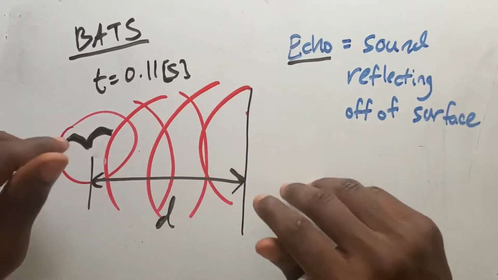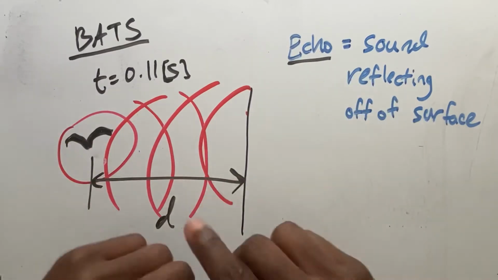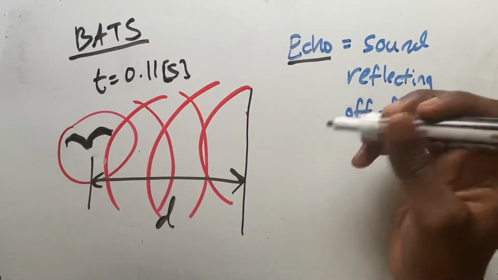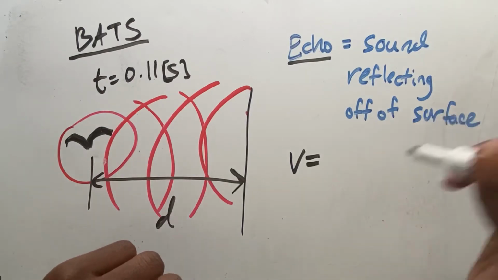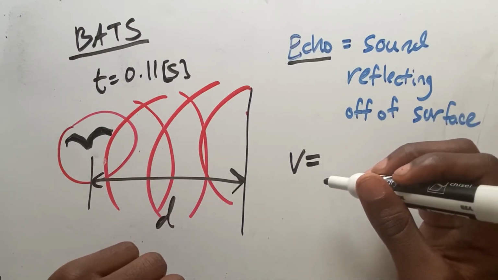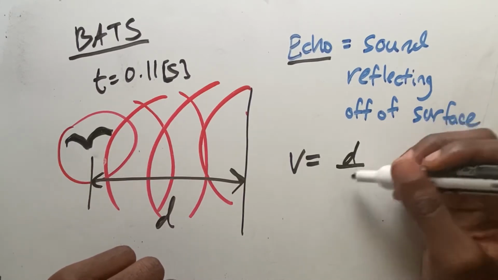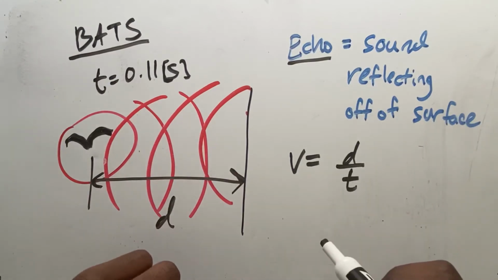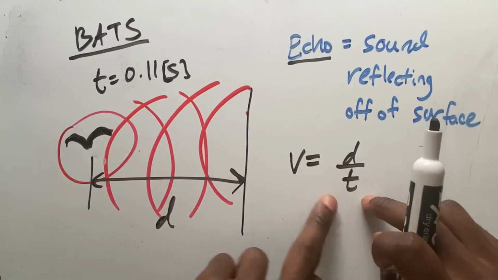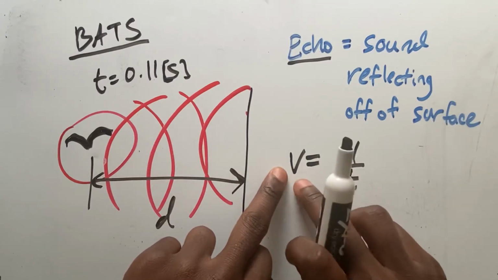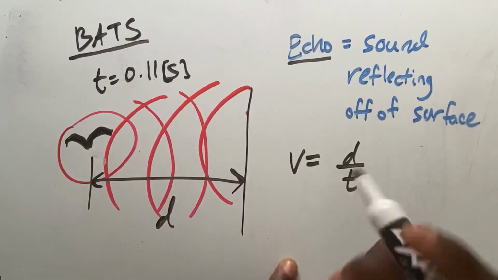So first you have to think, well, the sound is traveling at some speed, right? Speed or velocity is just the distance divided by the time. So distance divided by time equals the velocity. We're trying to find some distance d, we have some time t, and we know the sound travels at some velocity. So we're looking for d.